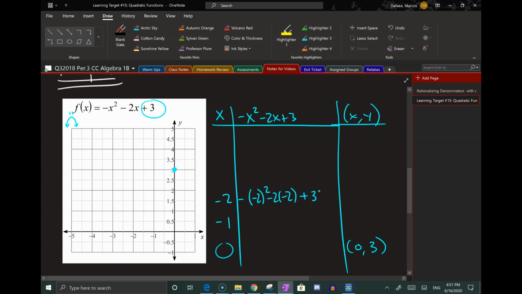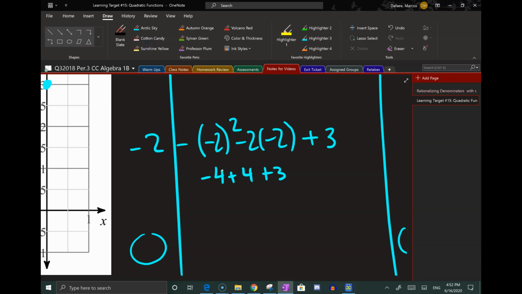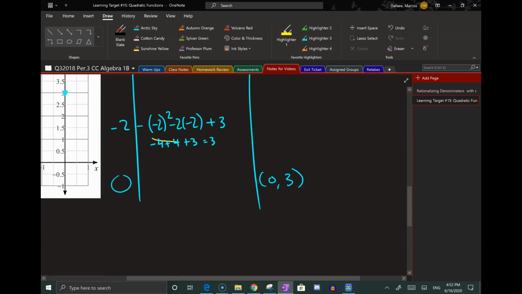Okay, so what I need to do according to the order of operations is I have to do this part first. So negative 2 to the power of 2 is 4. However, because of this negative here, it's going to turn the 4 into a negative 4. So now I have negative 4. Then I have plus 4. Then I have plus 3. Okay, now these two simply eliminate, and the result is I just get 3. So negative 2 comma 3.